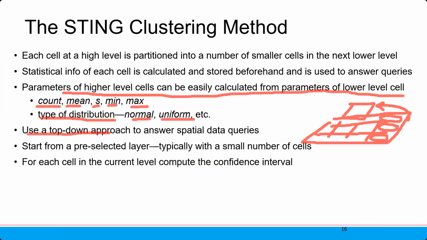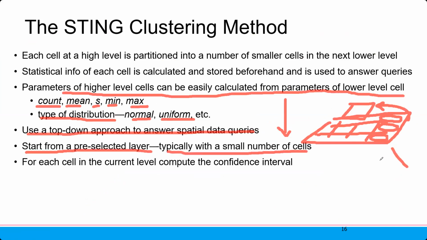Use a top-down approach to answer the spatial data queries. So top-down means from the top to the lower resolution. And then we start from a pre-selected layer, typically with a small number of cells.